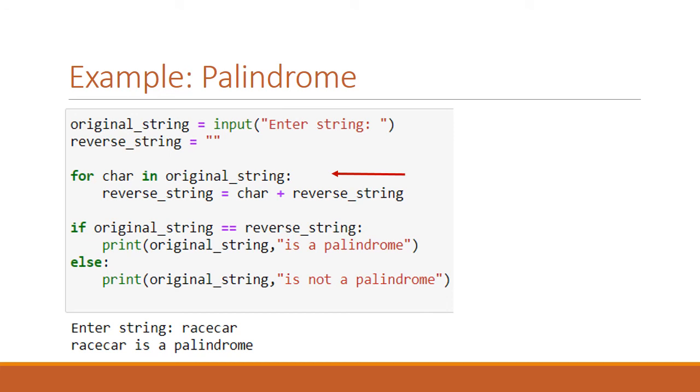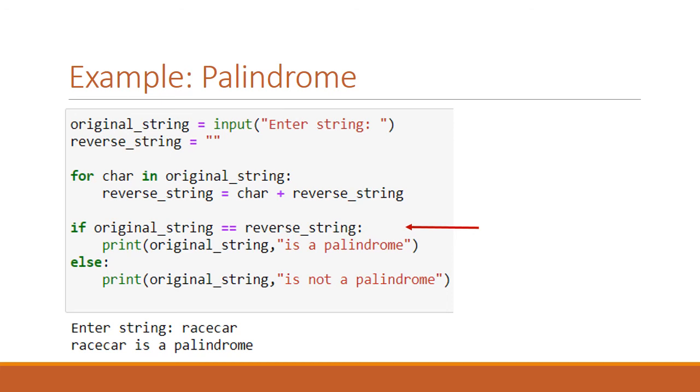So this for loop allows us to process each character in original string, process it in the for loop body. So in this for loop, for each character in the original string, we're adding it to the beginning of the reverse string. On the completion of this for loop, reverse string now contains all the characters that were in the original string, but they're in reverse order.